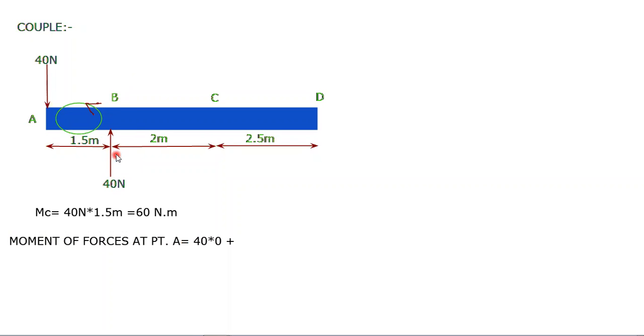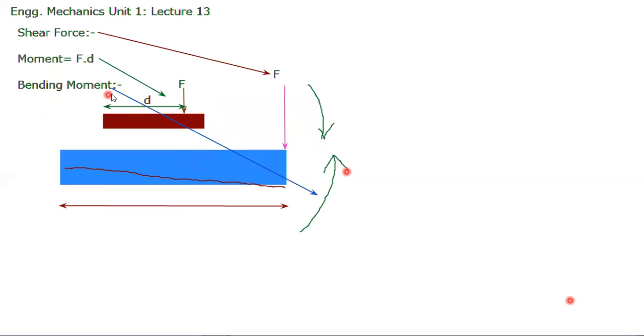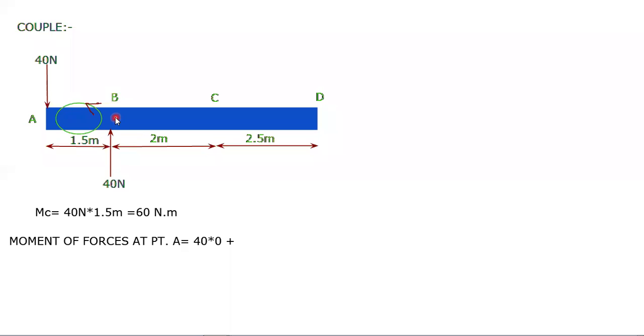So this 40 Newton is multiplied by its distance. Remember the definition, force multiplied by distance. So again, this 40 Newton force multiplied by 1.5 distance. But now this force is in anti-clockwise direction, so we will take it as positive.